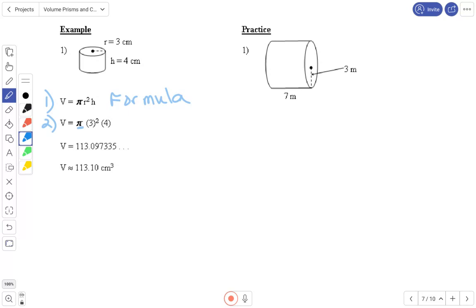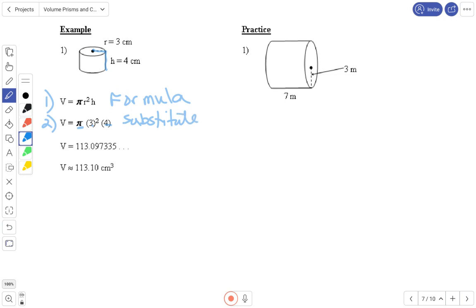R stands for radius. Remember, the radius goes from the center of the circle to the outside of the circle. So 3 is my radius. I'm going to square that. And then I'm going to multiply it by the height of the cylinder, and the height is 4.